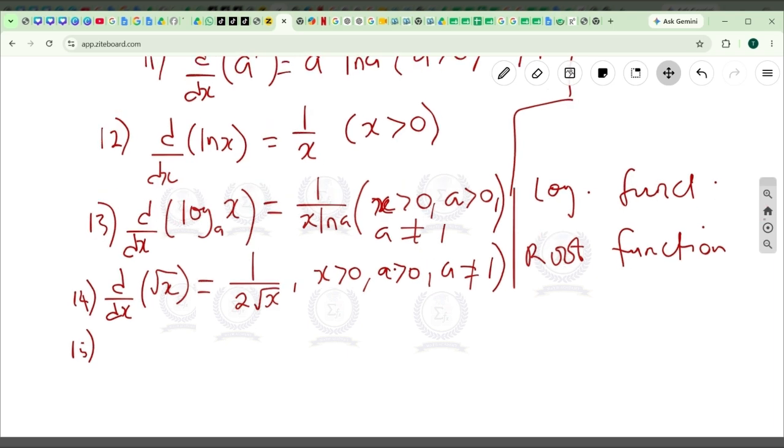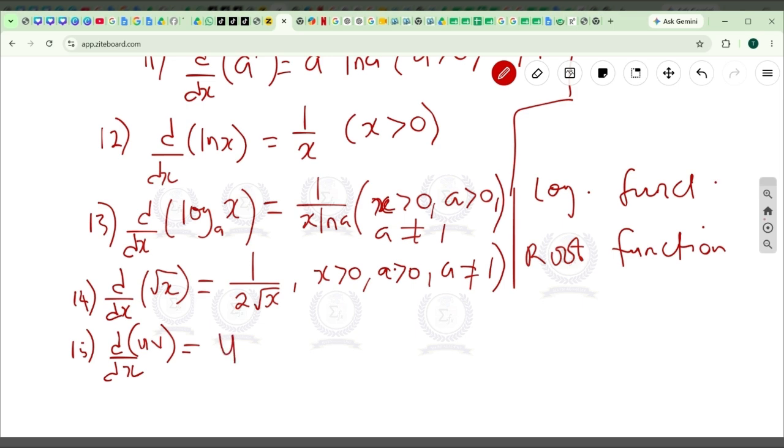This is when you differentiate a product of functions uv, where u is a function, v is a function, a product of two functions. What that simply means is to differentiate it, what you do is say u dv over dx plus v du over dx.